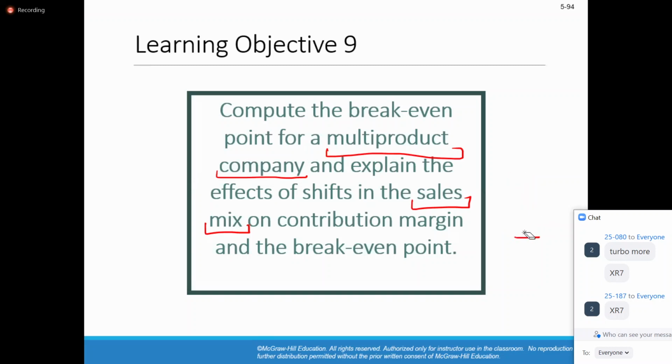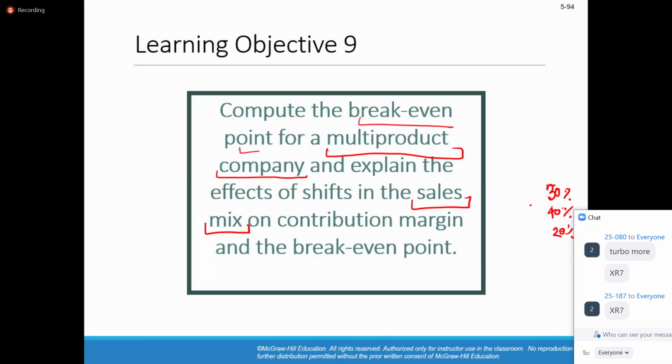Based on their categories, they have a sales mix. So their juice has a 30% contribution in sales. Their agro has a contribution of 40%. Their others have a contribution of 20%. So this sales mix is important to understand when you apply the break-even concept in a multi-product company.